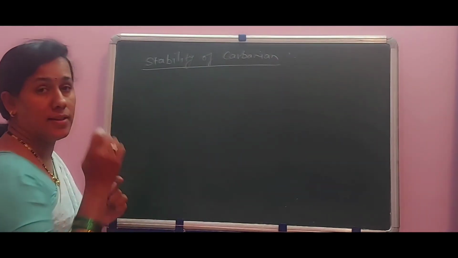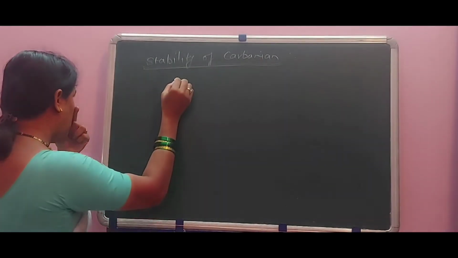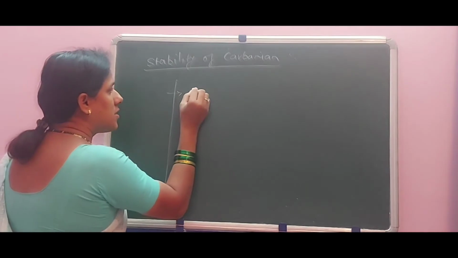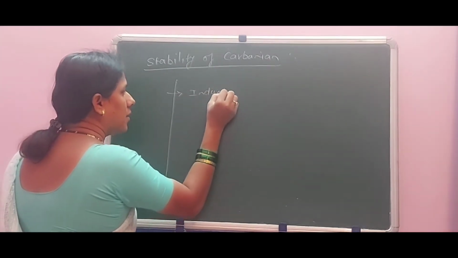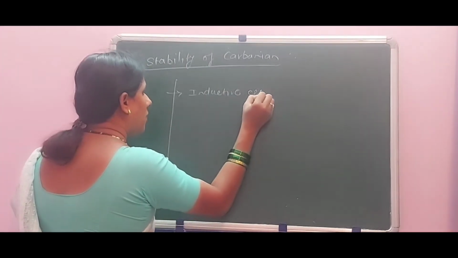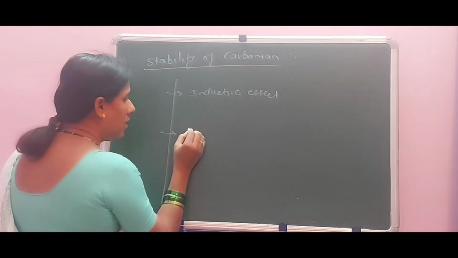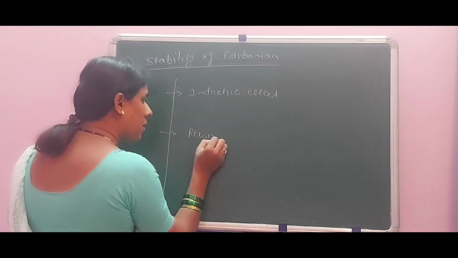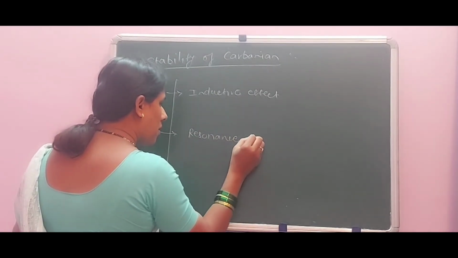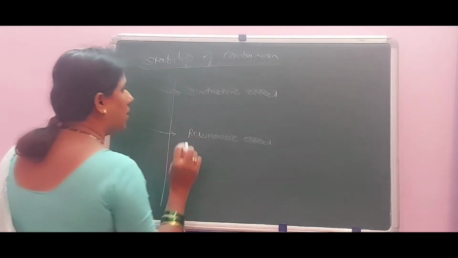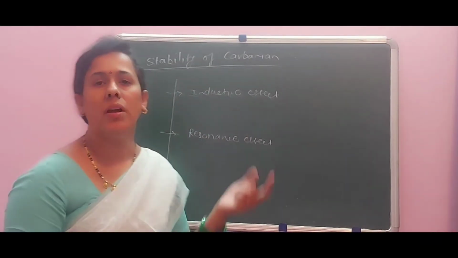Here, stability is explained with the help of important points. First is the inductive effect, and second one is the resonance effect. Now first we will discuss the inductive effect.